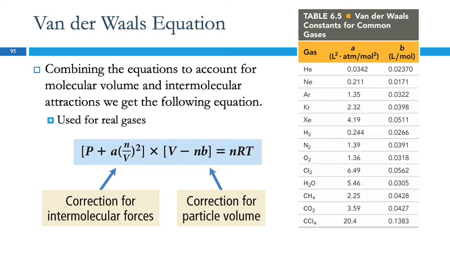Yuck. We're not going to do anything with it. We're going to just use the ideal gas law, PV equals nRT. That's pretty friendly compared to this, right? If you would have to use this, you would look up these different constants depending on what gas you have, and you'd throw those in there. Most of the time, we can just ignore it.